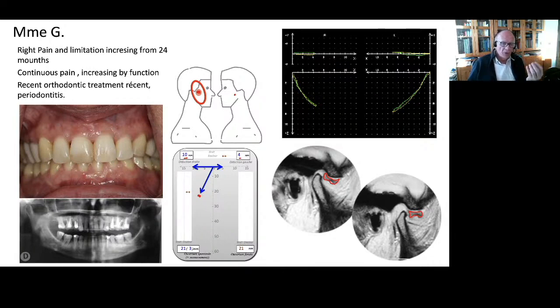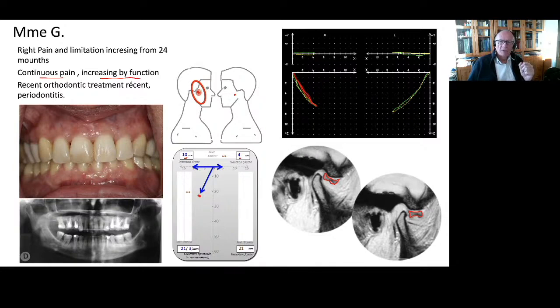It is a grade 3 sharp situation. And you can see the limitation here. Continuous pain increasing by function.